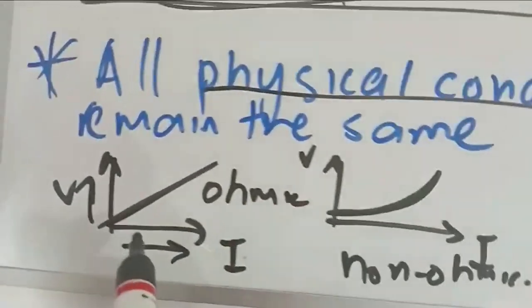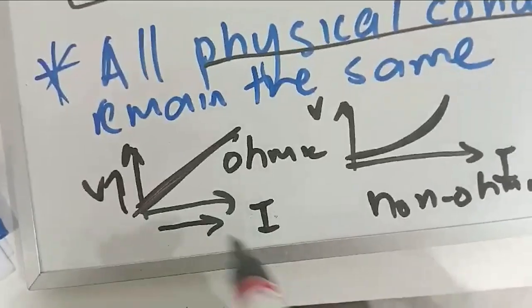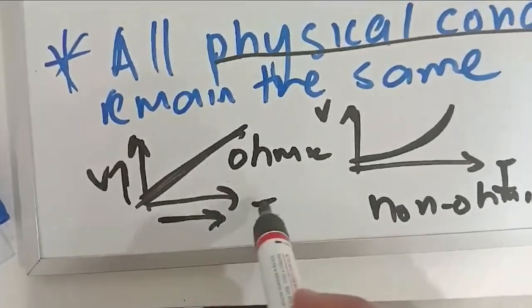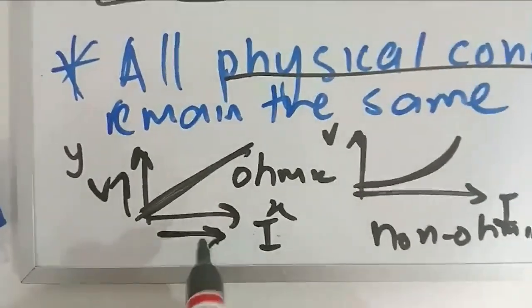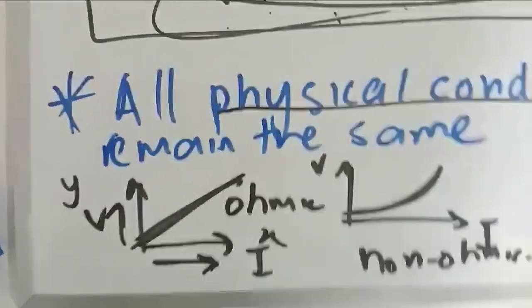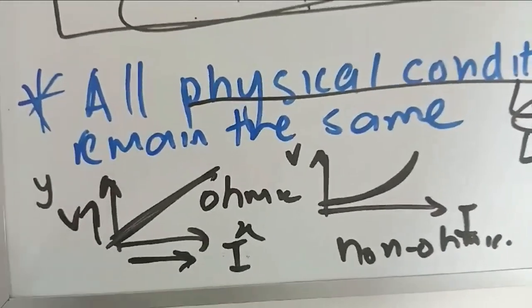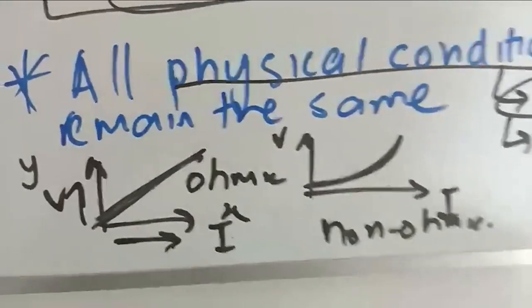You see here, if I was to calculate the gradient, you may now ask, why is current on the x-axis and why is voltage on the y-axis, even though in this case the only thing you can change is the potential difference, right? Let's go back to the steel rod.